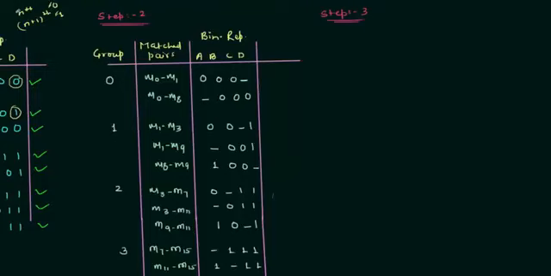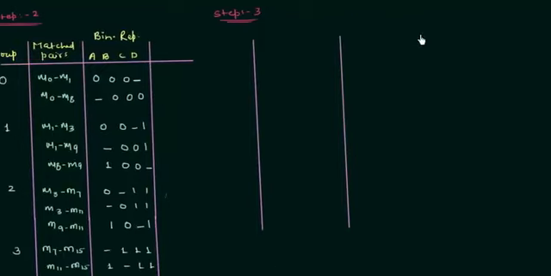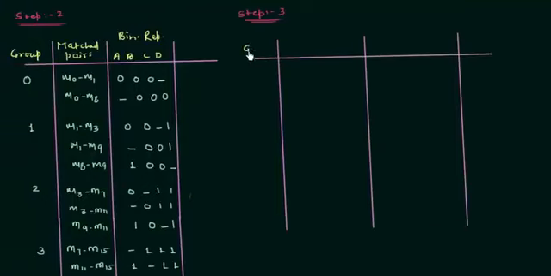So let's make the table quickly. Group, matched pairs, binary representation, A, B, C, and D. We will compare M0 M1 with M1 M3.